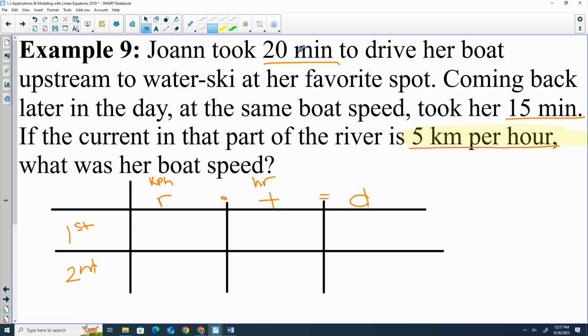So how would you convert 20 minutes into hours? 20 divided by 60. Don't use a decimal, just 0.3 repeating. Let's stick with the fraction, so 1/3. So it'll take 1/3 of an hour. Okay, coming back is 15 minutes, so that would be what? 1/4.